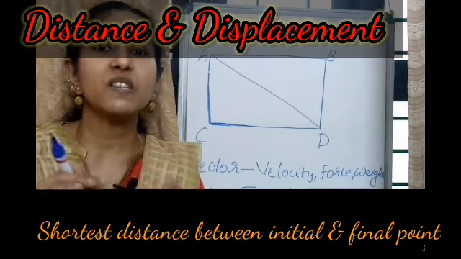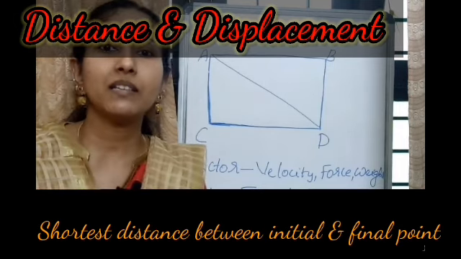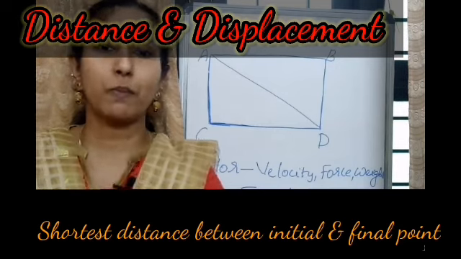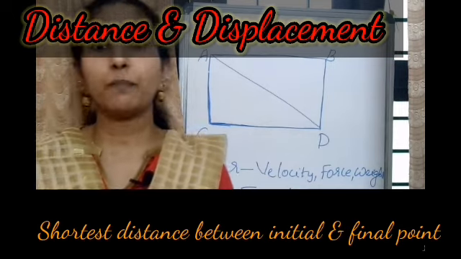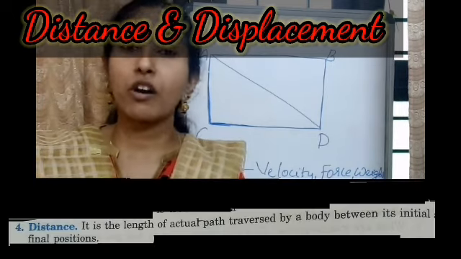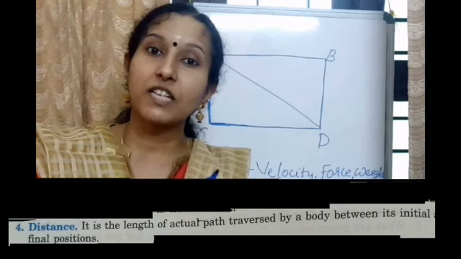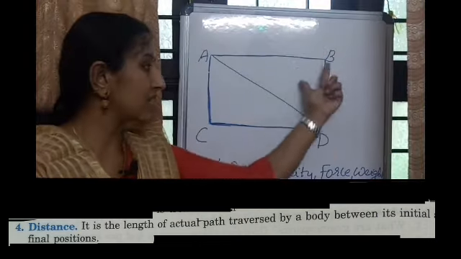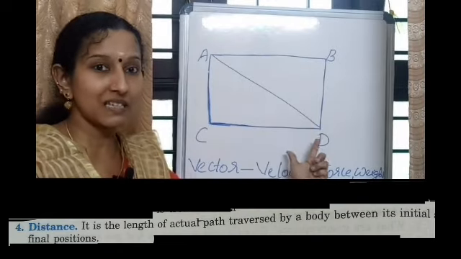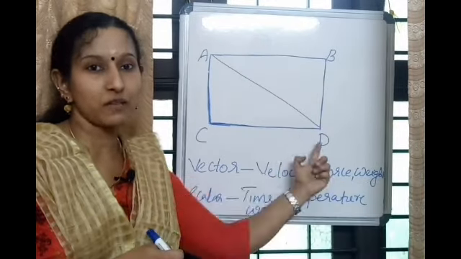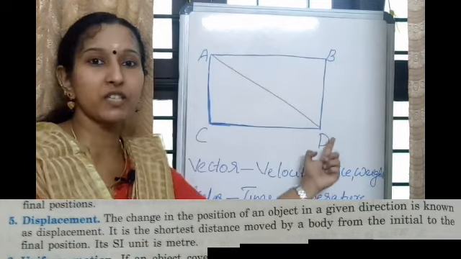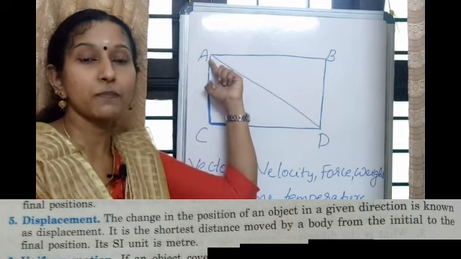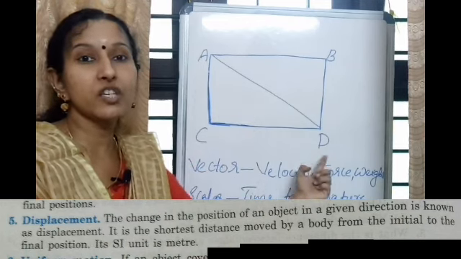If a person covers the complete path, that is distance. If he or she takes the short way, that is displacement. So this path is the distance and this is the displacement.